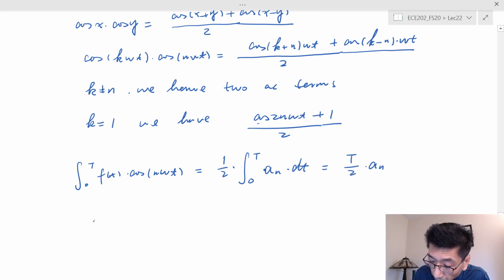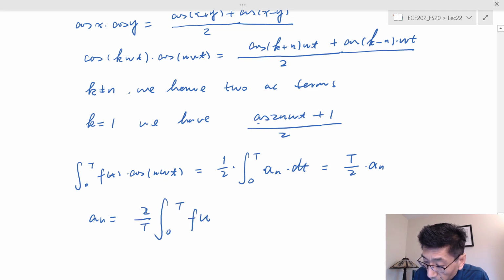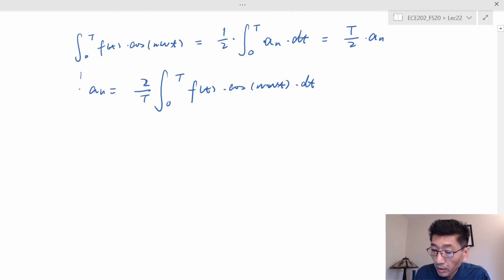So a sub n is equal to 2 over T times the integral from 0 to T of f(t) cosine n omega t dt. This is for the a n terms.